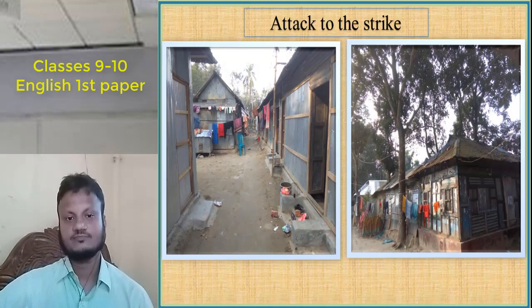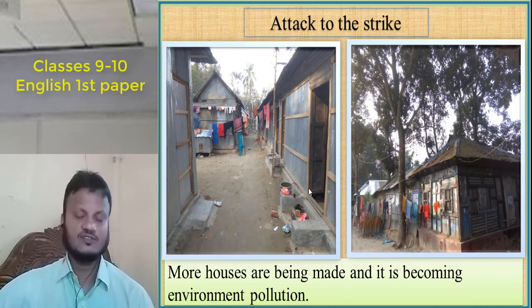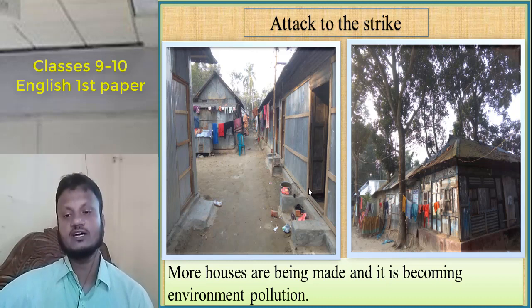More and more houses are being made, and it is causing environmental pollution. If in your village there were 100 houses, now 1000 houses have been built. So there is no yard or open field, and the yards are occupied by making houses.